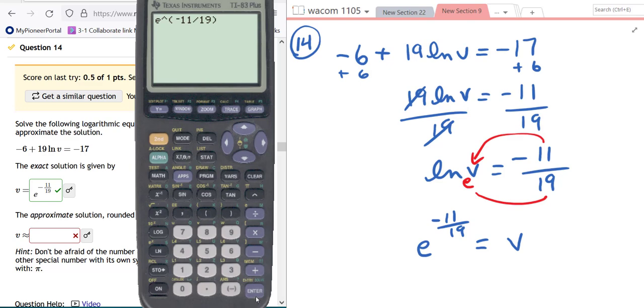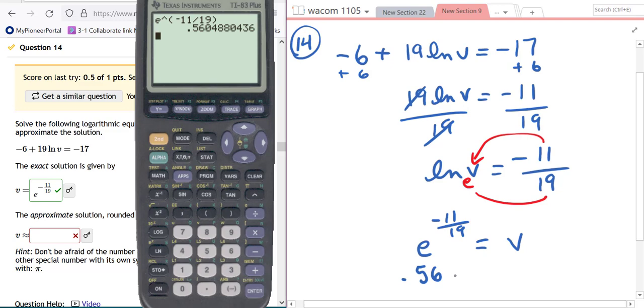You're doing some math there in the exponent position, so parentheses are your friend. So we get 0.5608, and the 8 will push us up to 0.5605.